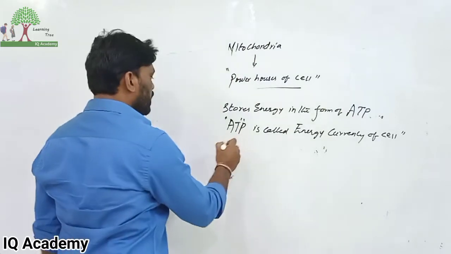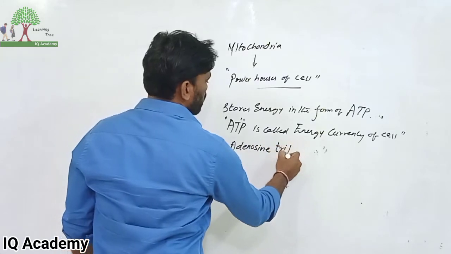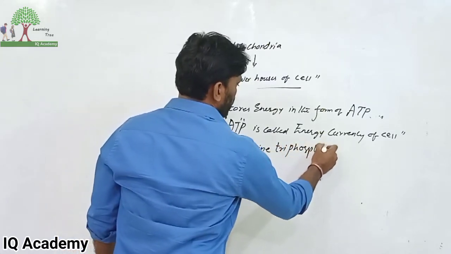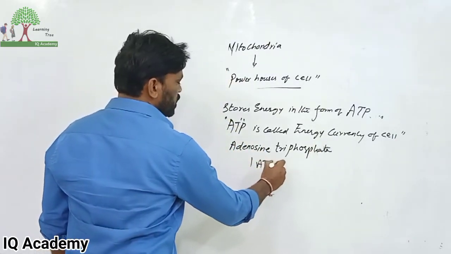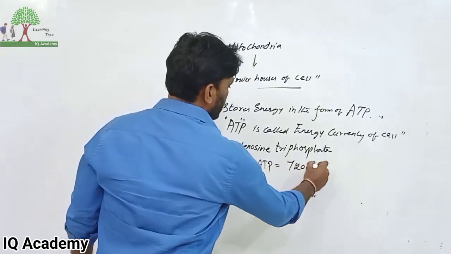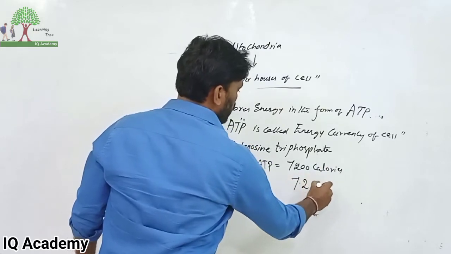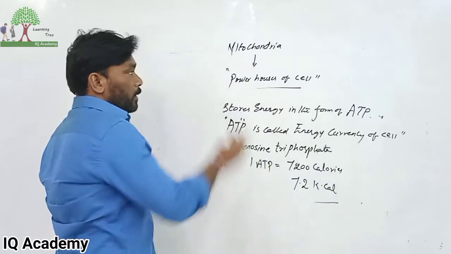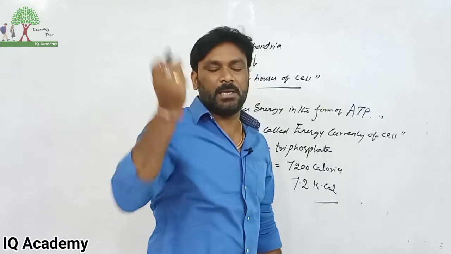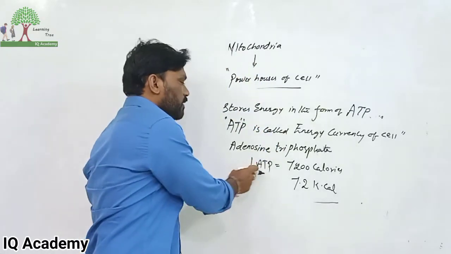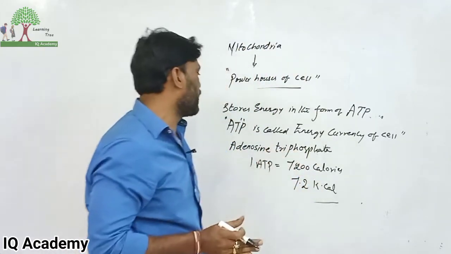The full form of ATP is adenosine triphosphate. And what is the value of 1 ATP? 1 ATP is equal to 7,200 calories, or we can write it as 7.2 kilocalories.